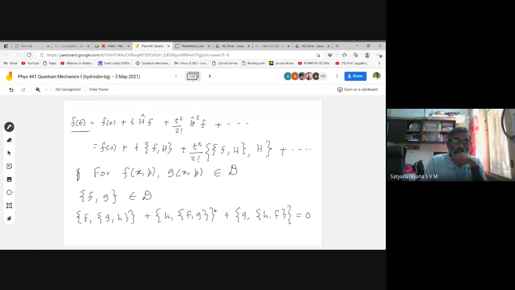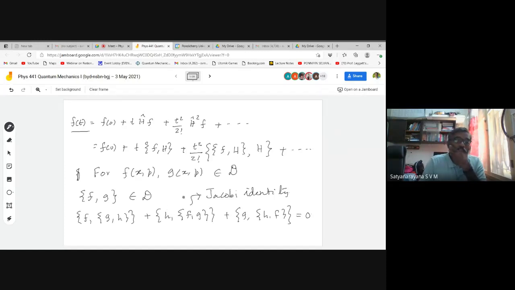That means the associativity is not there. So this identity, as you might have proved it in classical mechanics course, is called Jacobi identity. So this Poisson bracket will satisfy something called Jacobi identity.